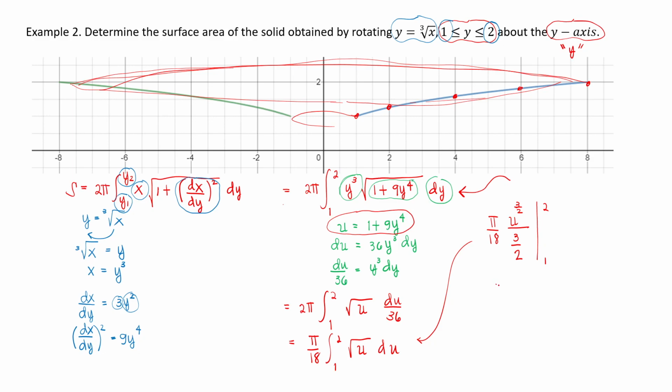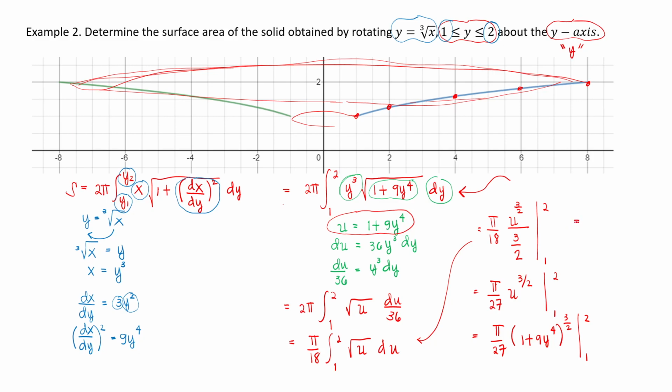So this becomes pi all over 27 times u to the power of 3 halves from 1 to 2. Then you're going to have pi over 27, and then this is 1 plus 9y to the power of 4, to the 3 halves, from 1 to 2.